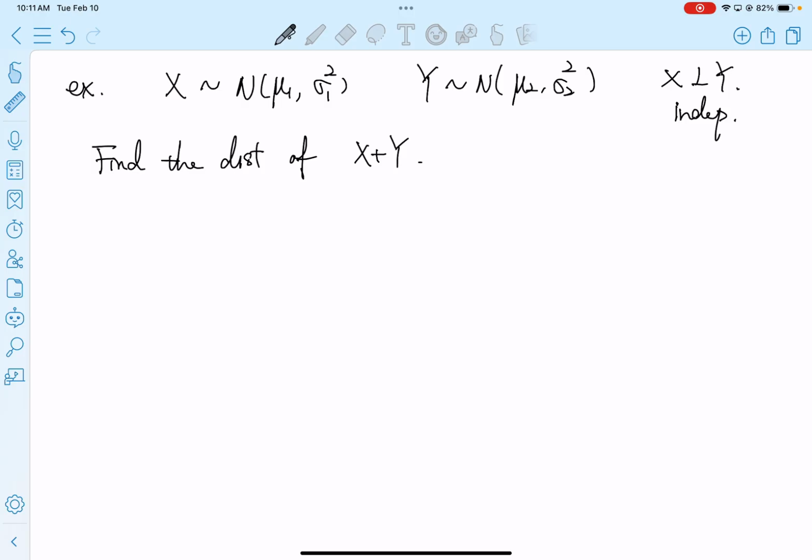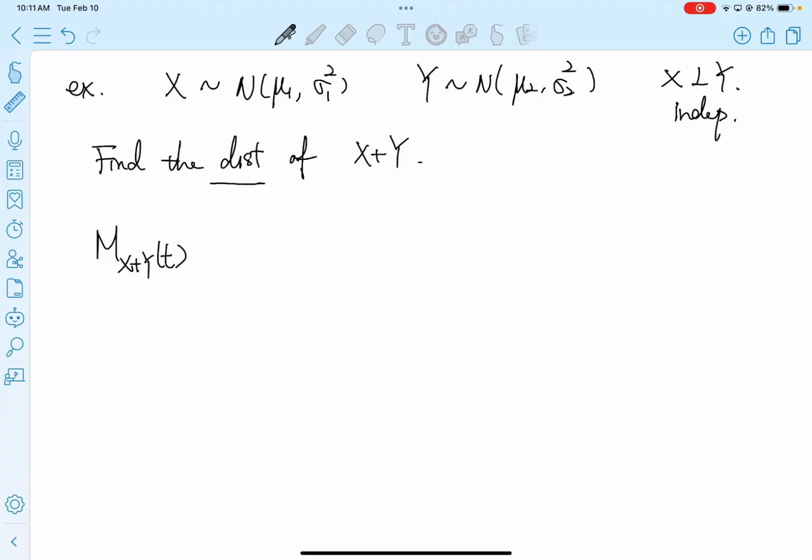Our goal is to recognize the distribution of x plus y, and to provide the parameters for this new distribution. For this kind of problem, start with the moment generating function. We want the moment generating function of x plus y, then compare the result with a known moment generating function to recognize the distribution of the sum.